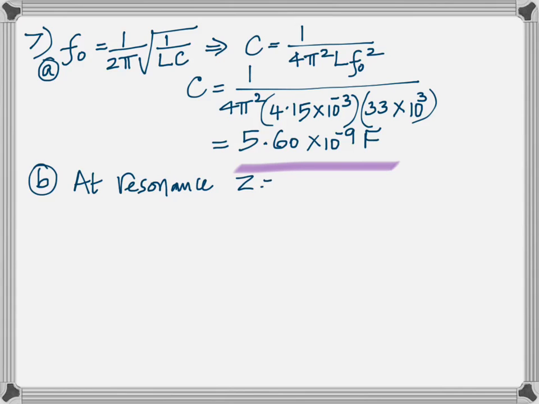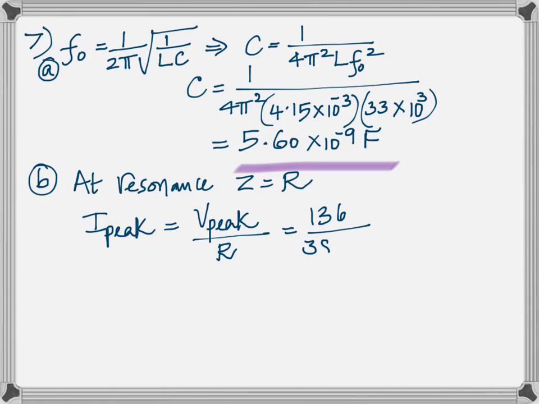And B, at resonance, the impedance is a minimum and it becomes equal to the resistance. And to find the peak current, always use the peak voltage divided by the resistance. Why? Because at resonance, the total impedance becomes equal to the resistance. So you get the peak current.